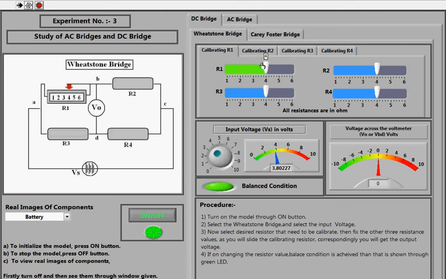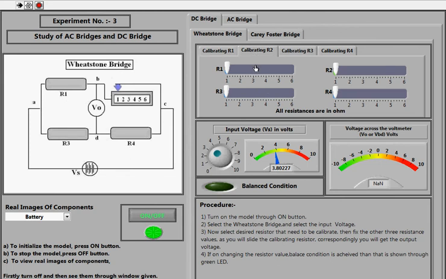Sliding on resistor R1 will give a balanced state at some value of resistance. Thus, that resistance becomes the calibrated resistance value of the resistor R1. Similarly, you can perform the calibration of R2, R3 and R4.